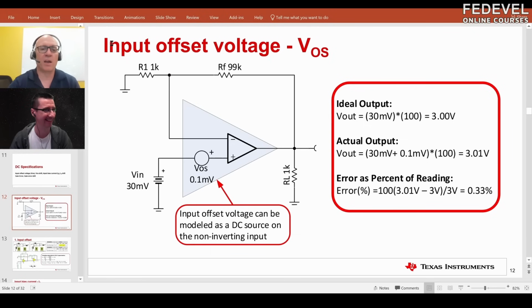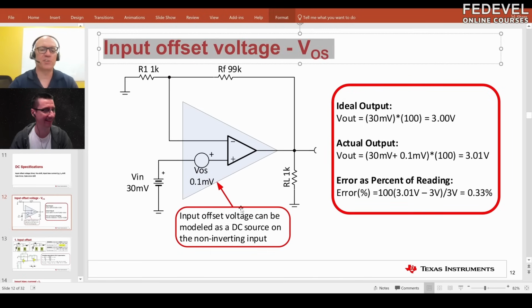It basically means the error sources like offset voltage or bias current, and we're going to look at both of those, are very small. Usually you care about DC specs when your input signal source is very low frequency or near DC. Temperature, for example, or pressure: your pressure signal probably isn't moving quickly, so it's kind of a DC source.